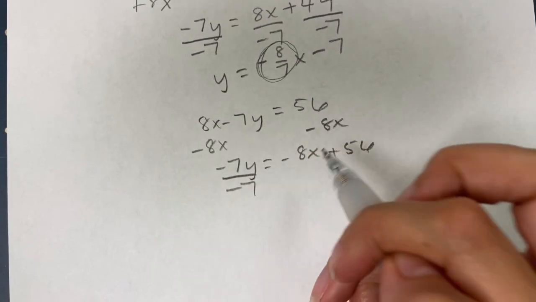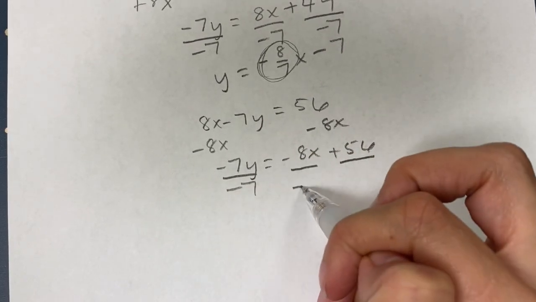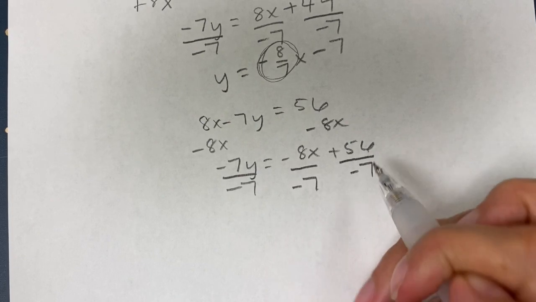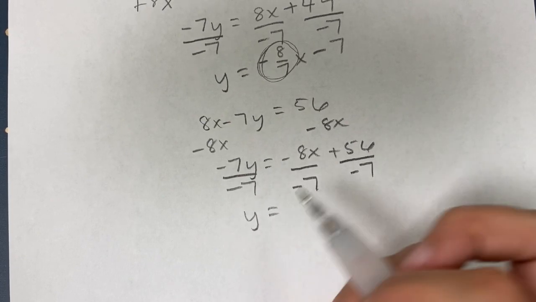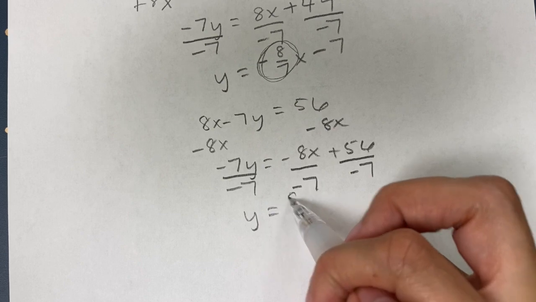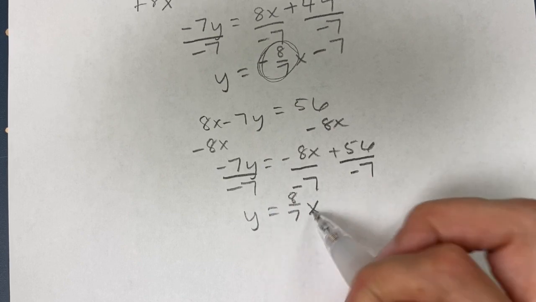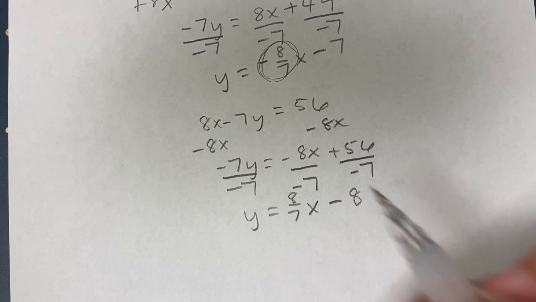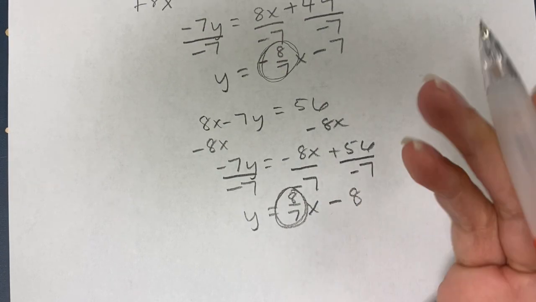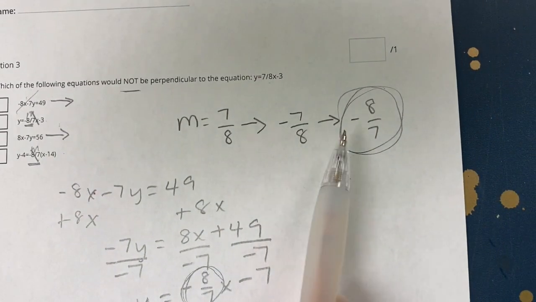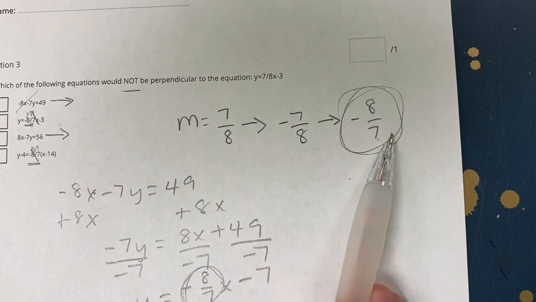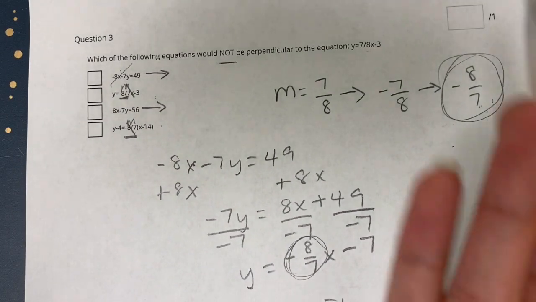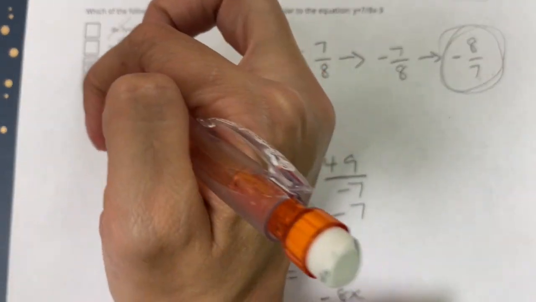Divide everything by negative 7. So y equals, this double negative is going to be positive 8/7 x minus 8. So this does not match what I needed for a perpendicular line, so this is my answer. This one is not perpendicular.